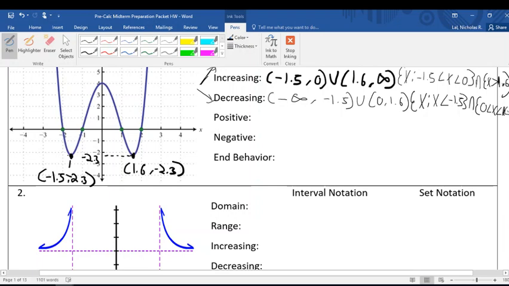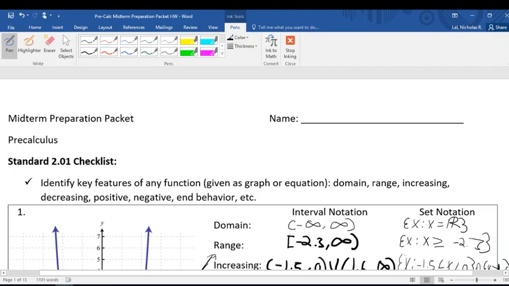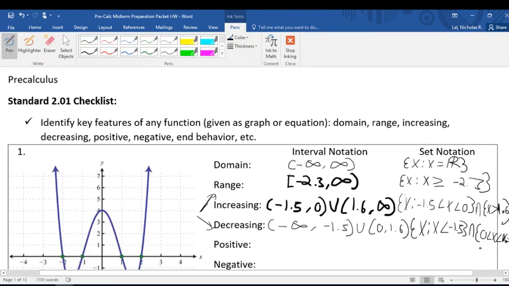So let me just rewrite that: 0 is less than x is less than 1.6.